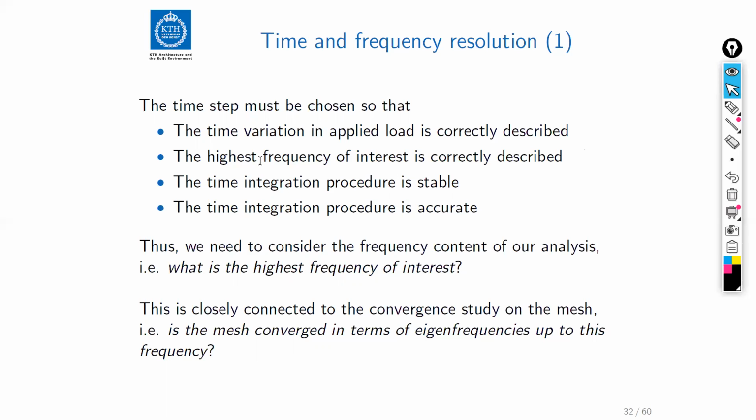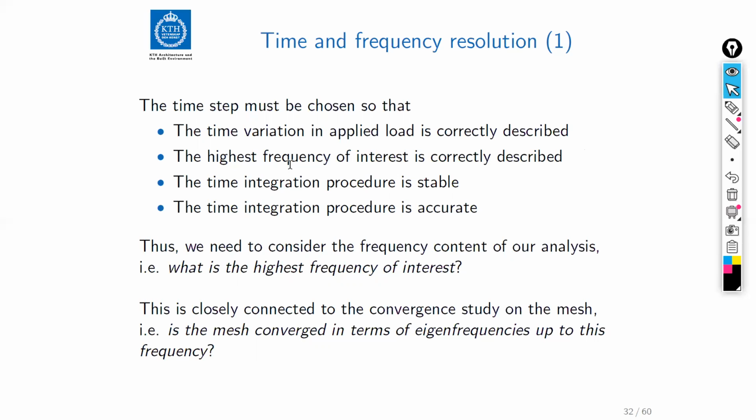Another thing is related to the frequencies that we are interested in. In the example, when we were talking about the mass matrices before, we found that for the first few modes, we had really small errors as compared between the different methods that we used. But for the last modes, we find some really strange errors and some really large errors.